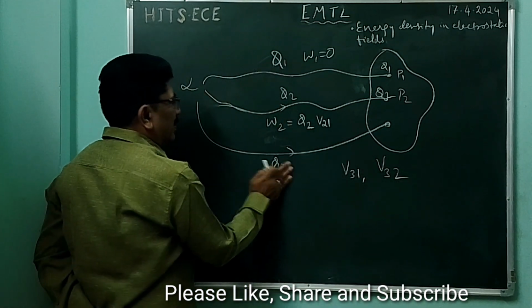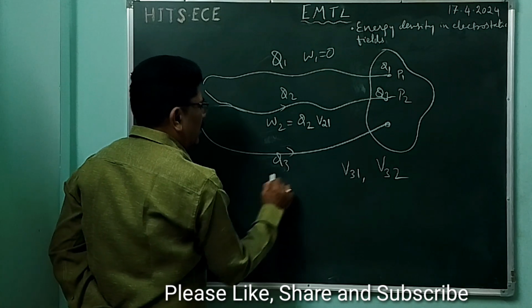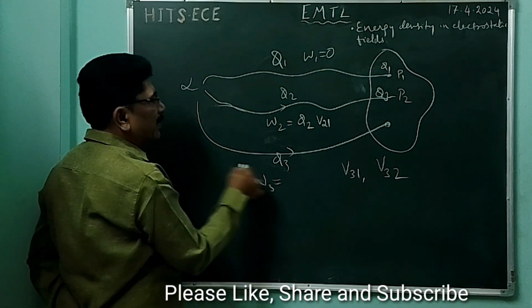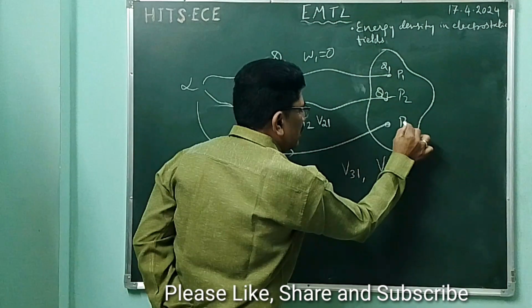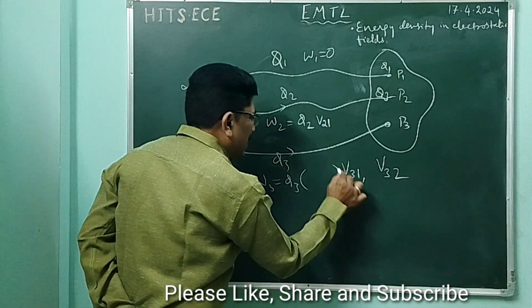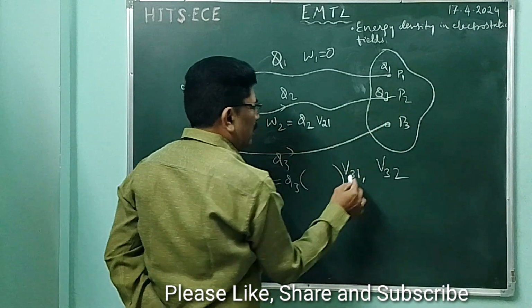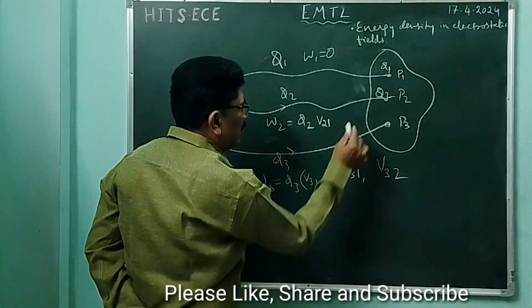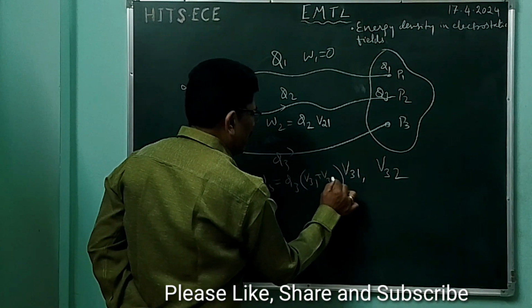So the work required to move Q3 from infinity to this point P3 is Q3 into the potential at this point due to Q1 and Q2, that is Q3 into V31 plus V32.